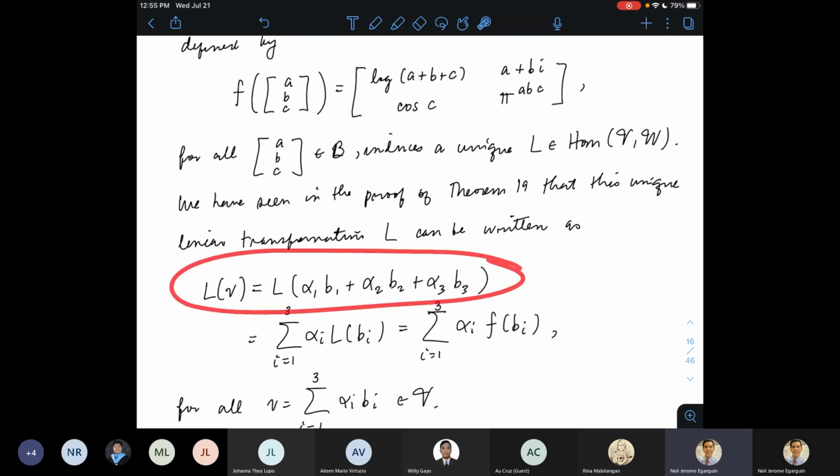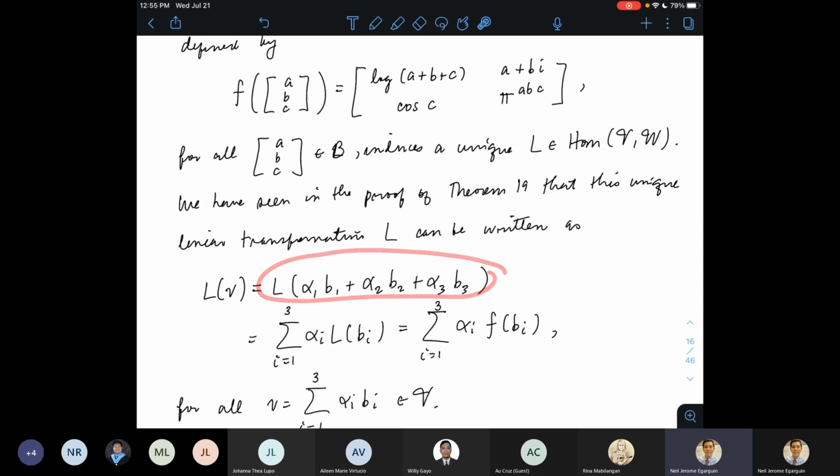And this is what Theorem 19 taught us, right? So L of v, if you have an arbitrary vector, this is how to compute its image, which is just the summation of the products of the coordinates times the function values of the basis elements. So that is the linear transformation.